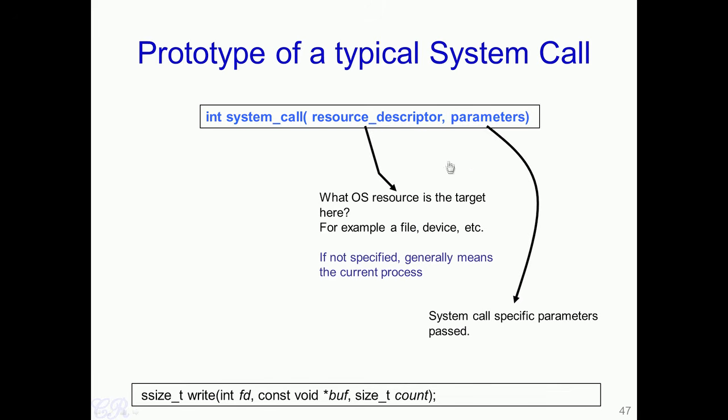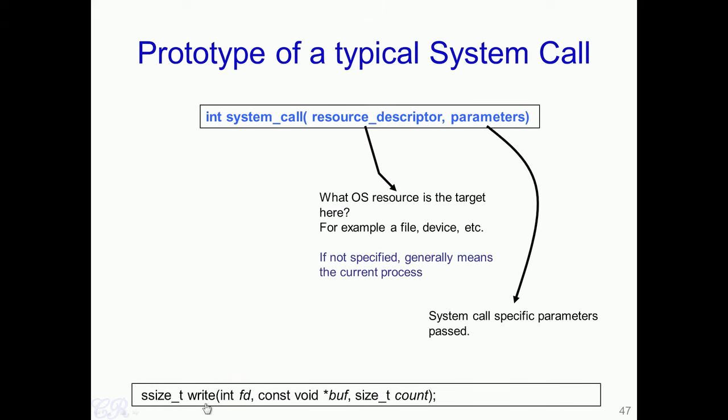The next part is the parameters. So, these parameters are specific for the system call. For example, if we invoke read, write, open or close or any other system call, the parameters specified here are going to be very specific for each of these system calls.